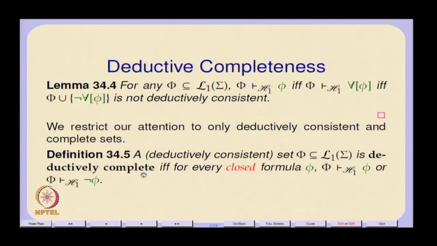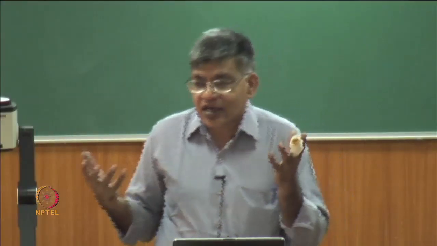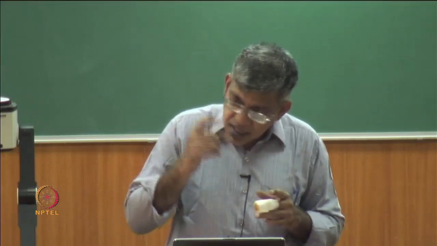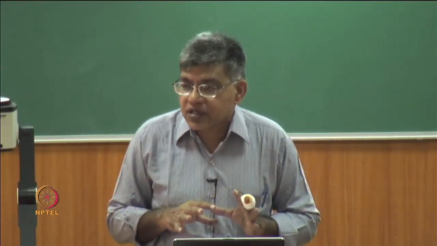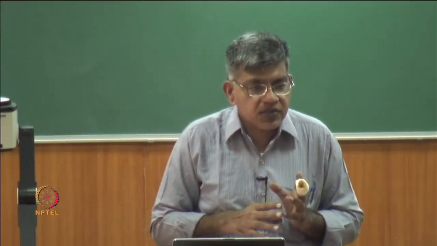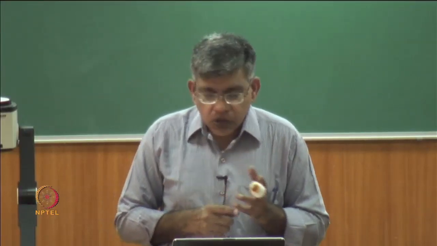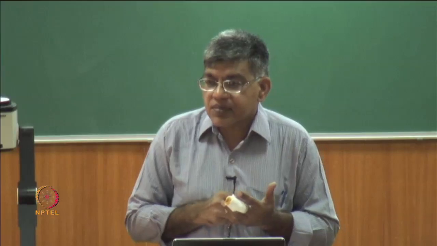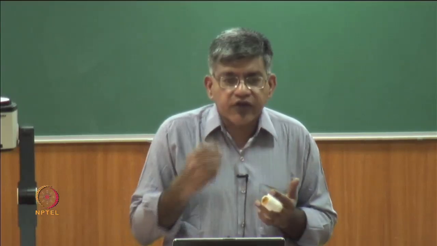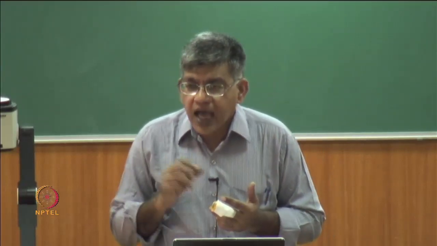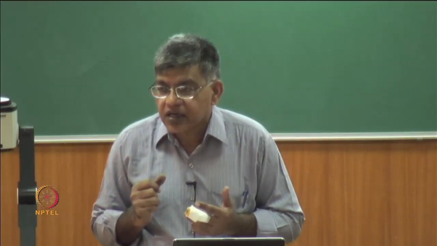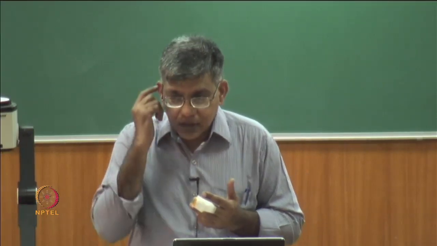Then just like we did maximal consistent sets, I will talk about deductively complete sets. It is really like a notion of maximal consistency. What was our notion of maximal consistency? That capital phi is maximally consistent if for every formula small phi, either phi or not phi is in the set.